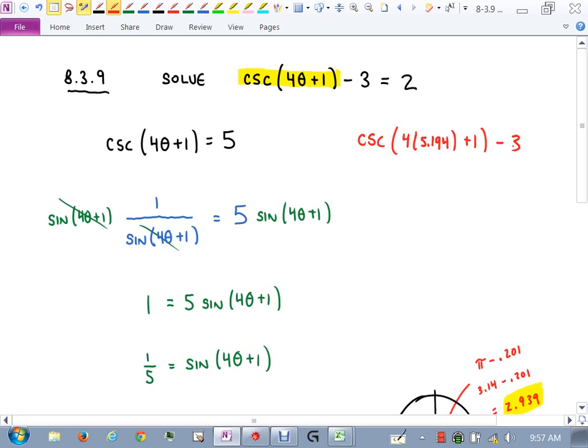So 4 times 5.194 is 20.776. I'm going to add 1 to that. So this is really cosecant of 21.776, and then I'm going to take away 3 from that. How do I do cosecant on my calculator? I can do 1 over sine, right?